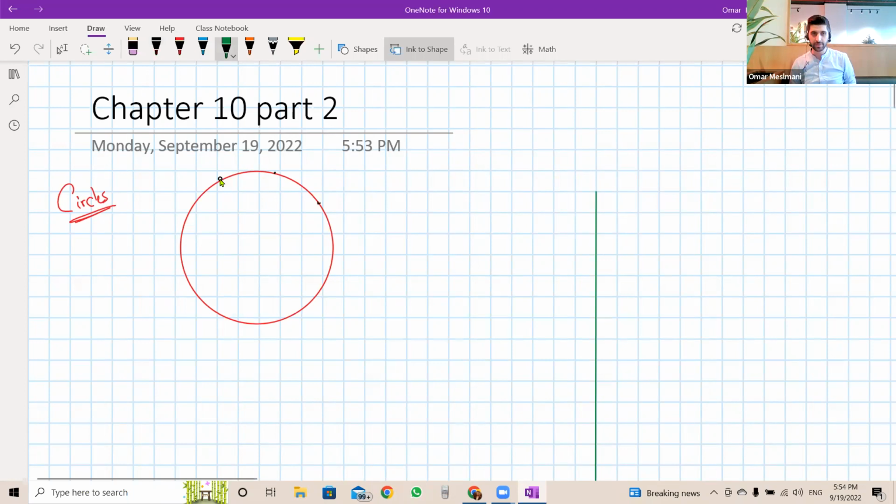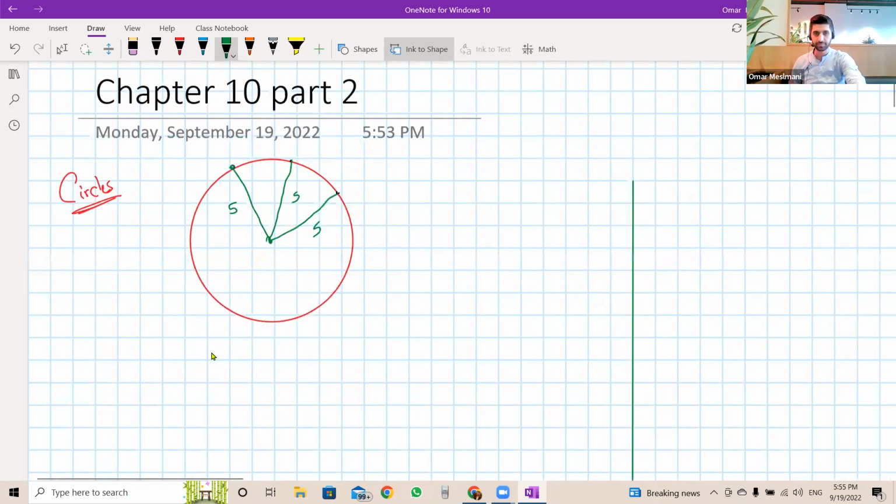If you measure the distance between each of these points and the center, you will find it is the same. If you measure it, it's going to be 5, as an example. This one is also 5, and this one is also 5. So if you measure any distance from the center to any point on the circle, it is going to be the same. And that's how they started creating the circle concept.